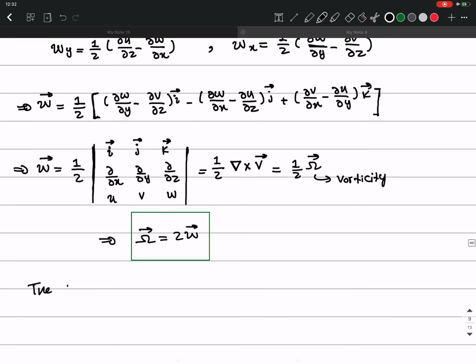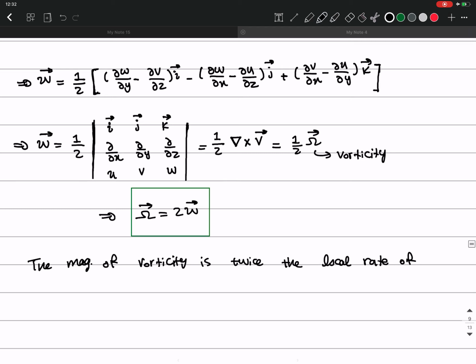So the magnitude of vorticity is 2 times the local rate of rotation of a fluid and is given by the curl of the velocity.